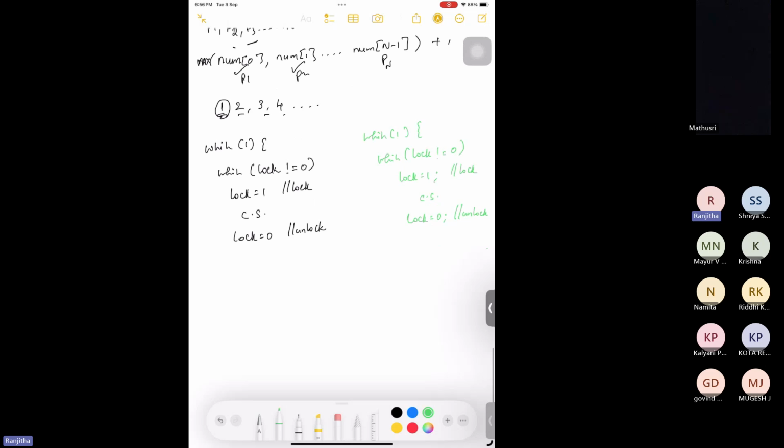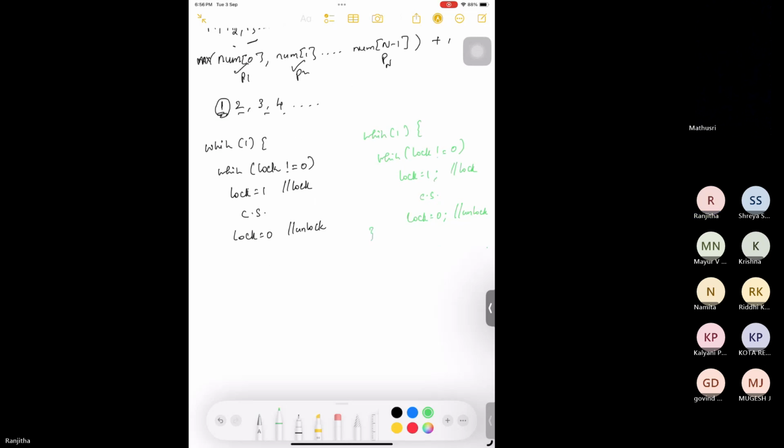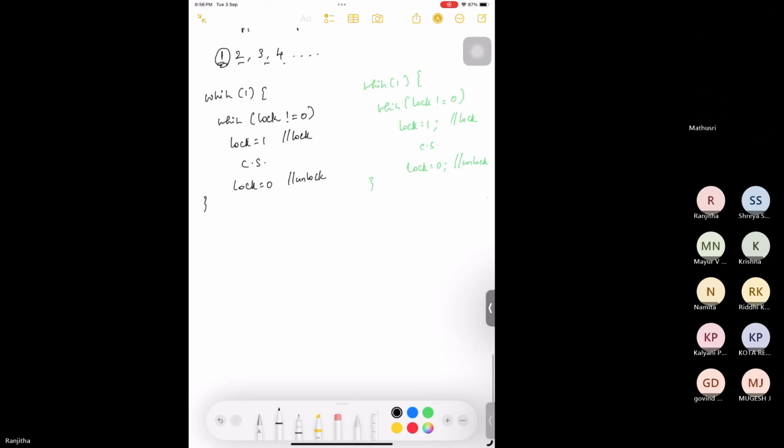Now if you look at this, this was one of the ways we were seeing it. Initially the value of lock is 0 and we are here in P1. Now, if a context switch happens and now we go here.